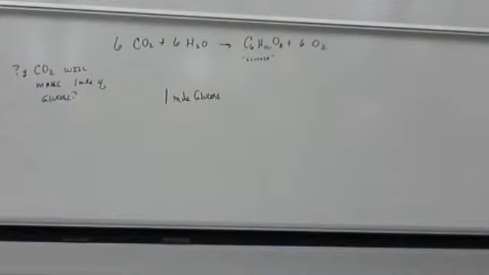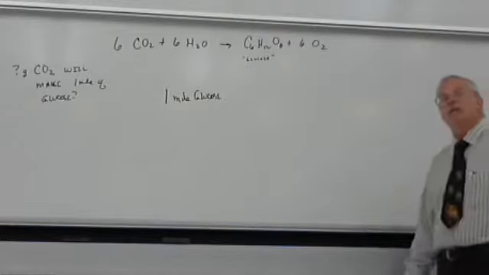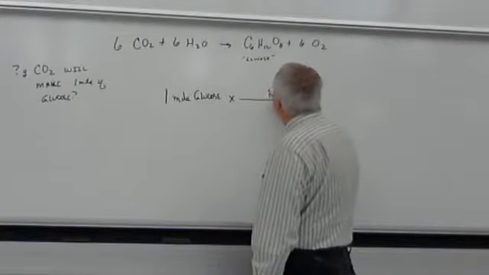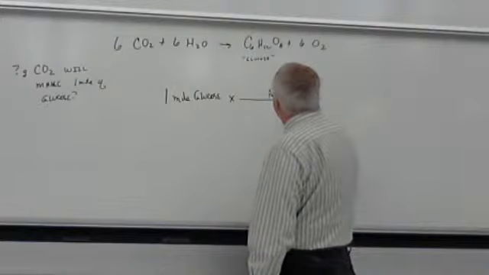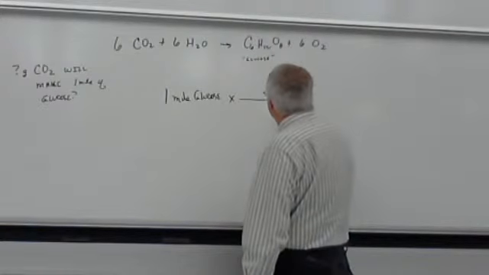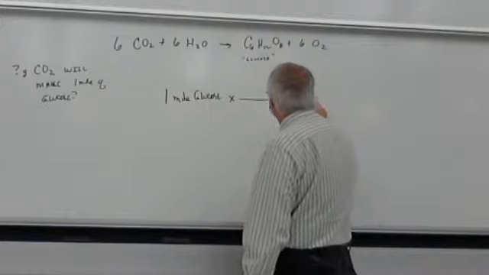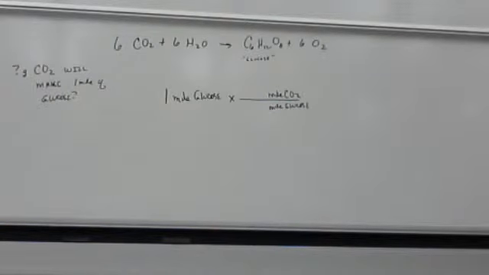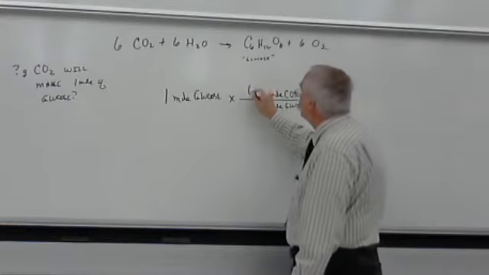Okay, so I have 1 mole of glucose. So how much carbon dioxide is it going to take to make that? I want a ratio of carbon dioxide to glucose. And what is that mole ratio? 6 to 1, because it comes from the balanced chemical equation.